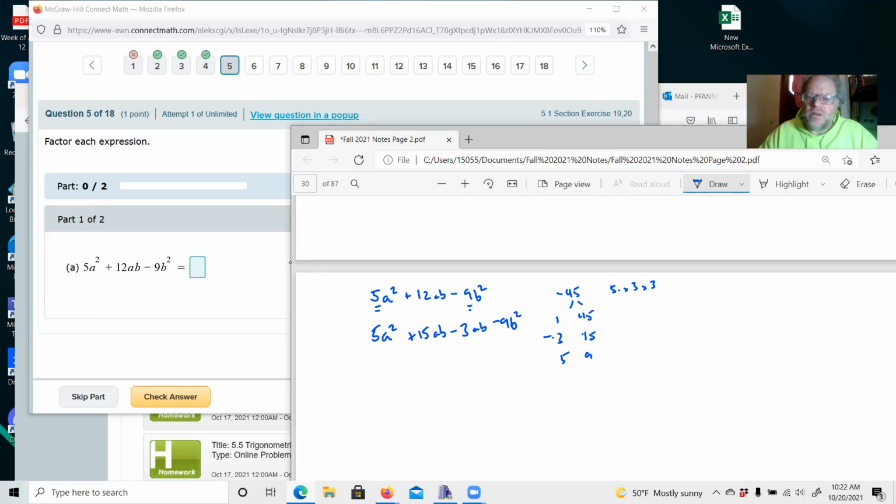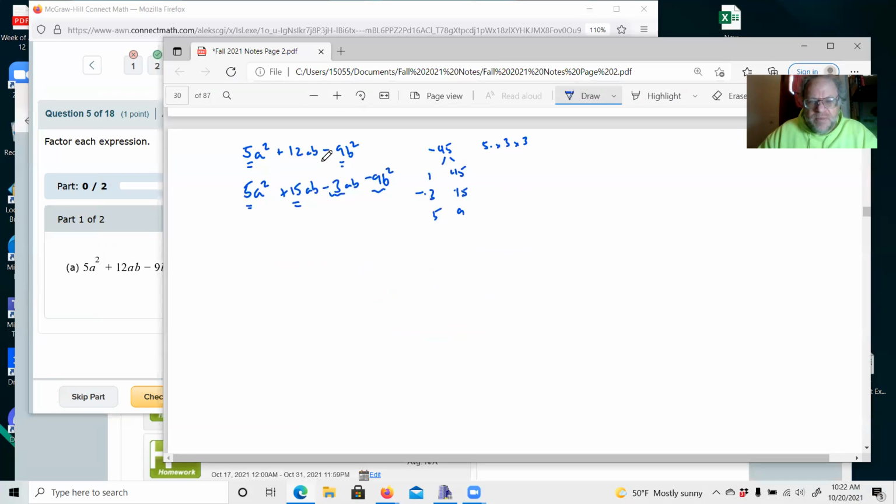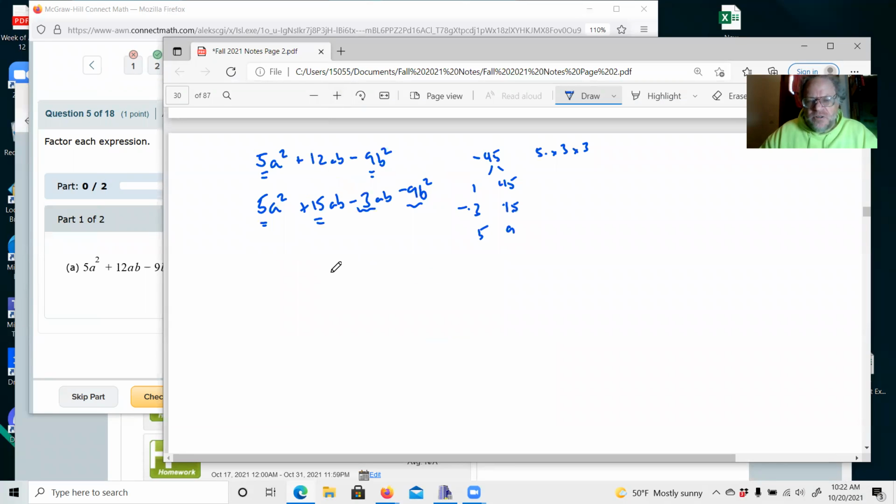Did it matter which way I put them down? No. Notice this is a 15, that's a 5. This is a 3, that's a 9. So I try to group like with like, group things with common factors together. That's the only decision I've made. So 5a, what's next? We pull out a 5, we have 5a plus 3b.